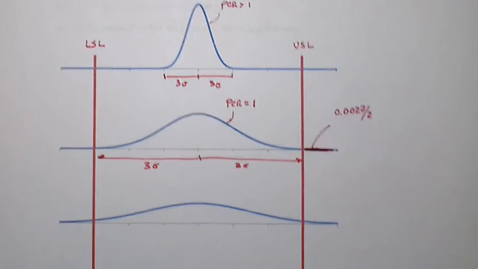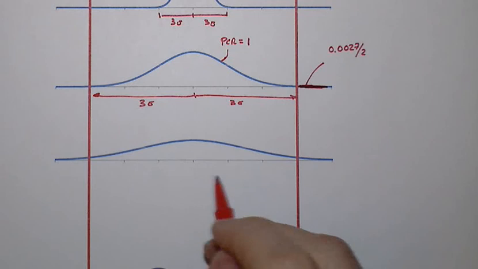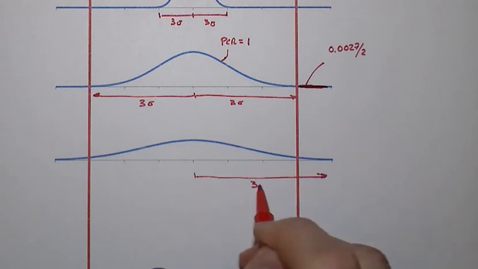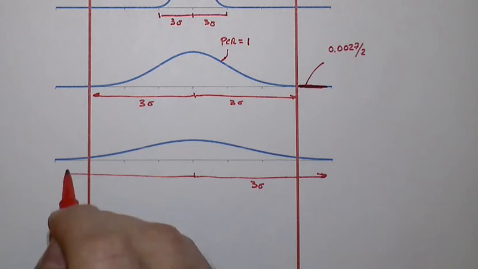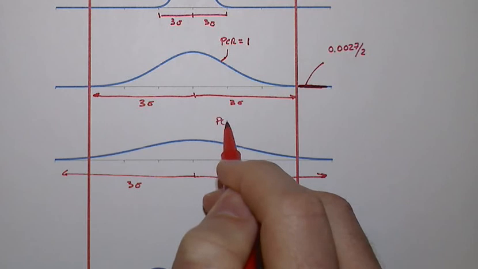And then finally our last one here, we have an even larger spread, and our 3 sigma goes out even further, and our PCR here is less than 1.